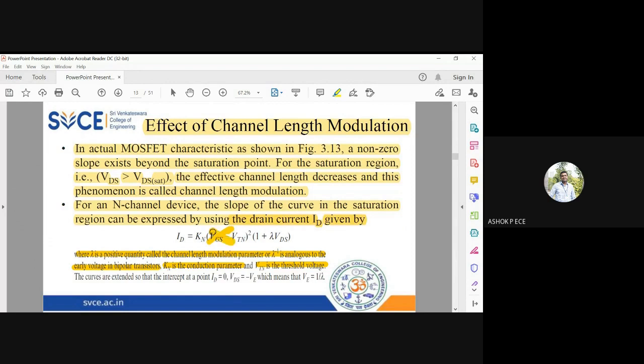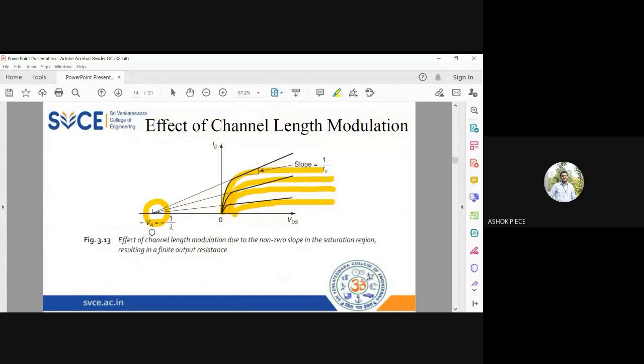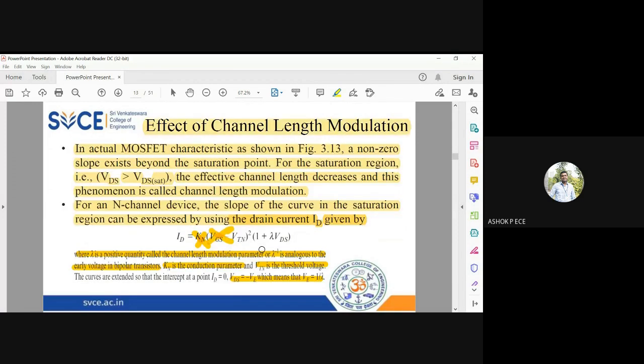The only possibility is 1 plus lambda VDS equal to 0. So you will get VDS equal to minus 1 by lambda. That negative value of VDS is called minus VE in theory, and in the graph it is called minus VA.